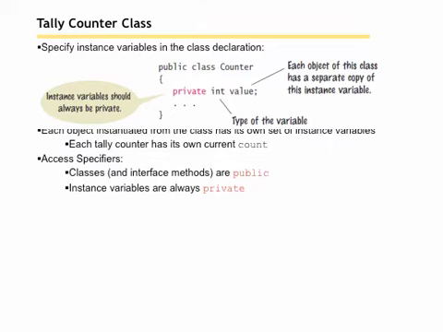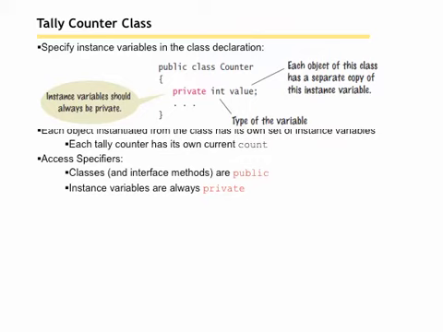So here's what this might look like. We would need to know what data we need. That's called our instance variables. And the only thing that we need is the number on the face of the tally. So we're going to call that value. Each object instantiated from the class has its own set of instance variables. So each tally counter has its own current count.